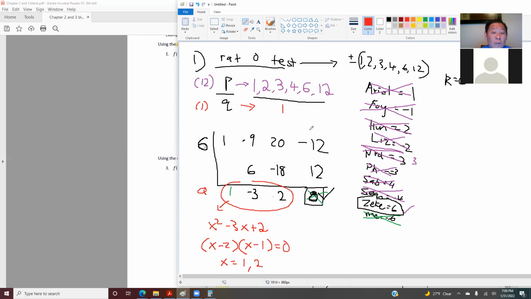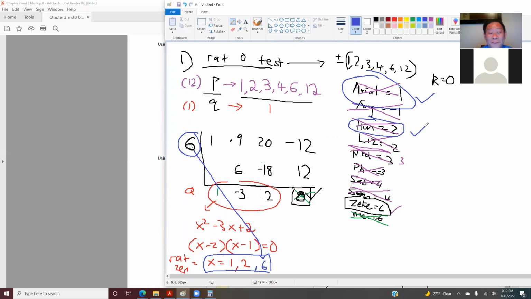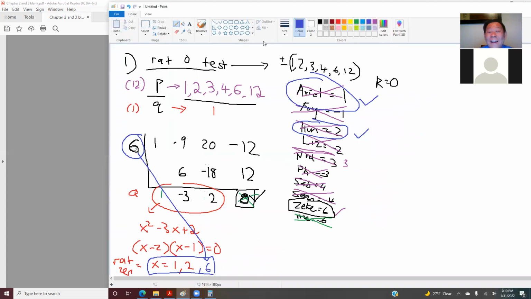So your answer here, what are your rational zeros in this case? 1, 2, and what? And 6. So guess what? Ariel, you did wrong. This worked. Hunter, you also did wrong. This works. Try again. Yep. So looks like Ariel and Hunter need to practice your synthetic division. So yes, if you do synthetic division with 1 or 2, it should work.